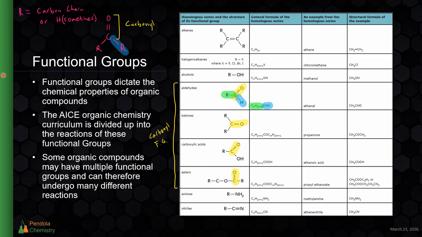Then in ketones, what changes is that the R groups are both going to be carbon chains. So once we go over to ketones, one of those R groups is still a carbon chain, and so is the other one.